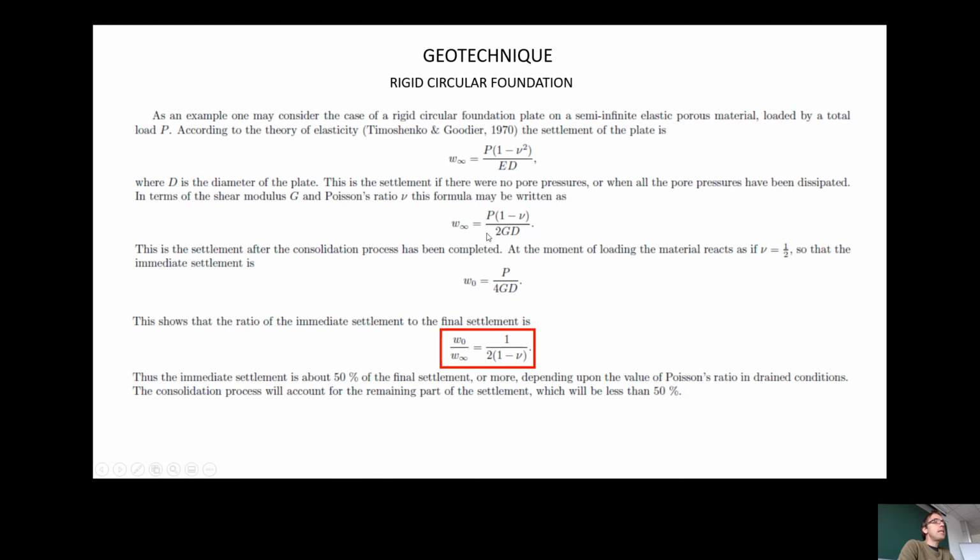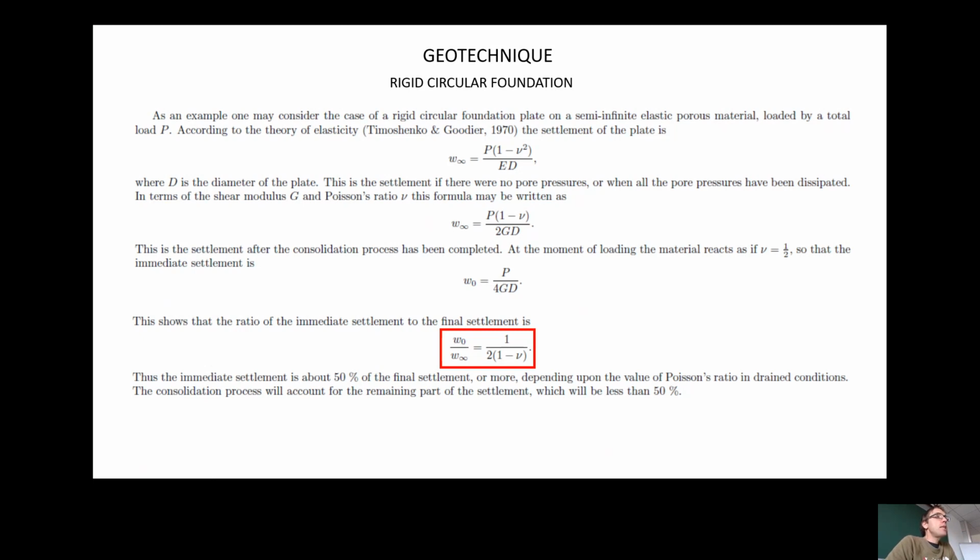You can see here that our settlement after the consolidation process has been completed is P multiplied by 1 minus nu, over G D, where G is, of course, the shear modulus.